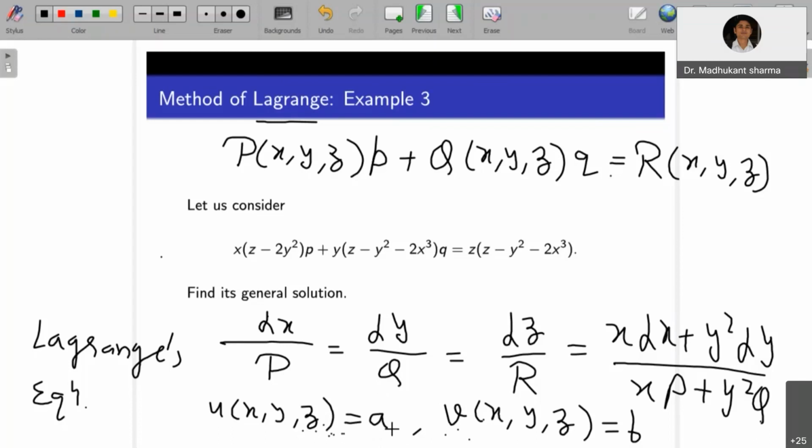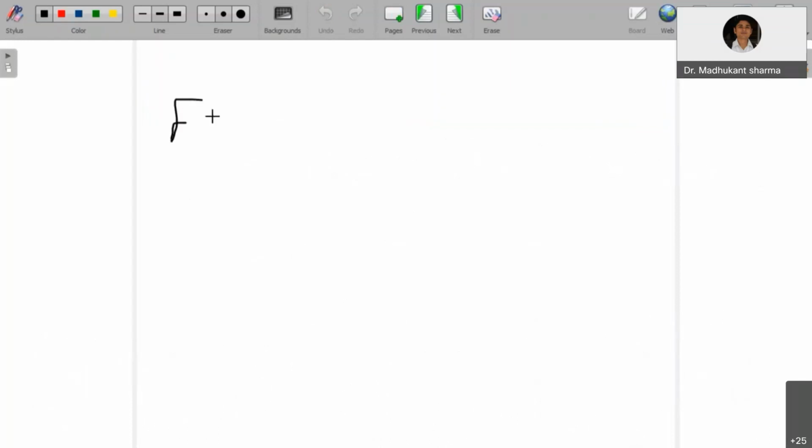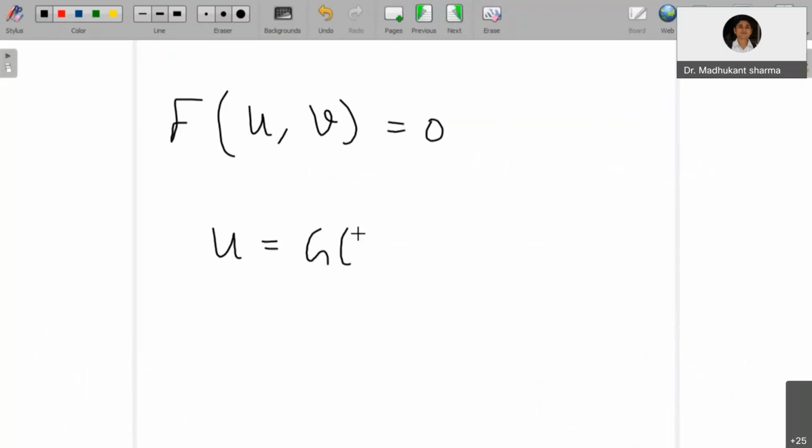It's very easy to find out that thing. Once you have these two families, the general solution we write is an arbitrary function f of u comma v equals zero. There are various ways to write this general solution. You can also write u equals some general function of v.